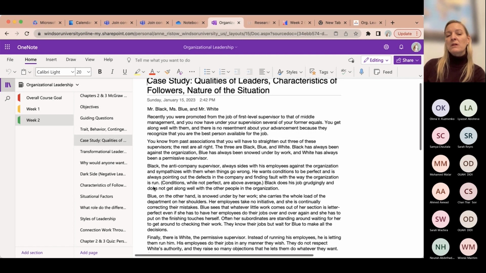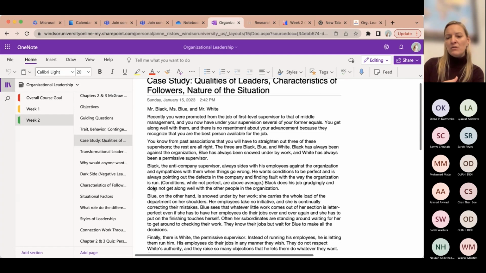Yes, absolutely. And what's difficult when you're coming into this middle management position is that Miss Blue has been allowed to function that way, because in the text somewhere it says that they've all been with the company for a long time.